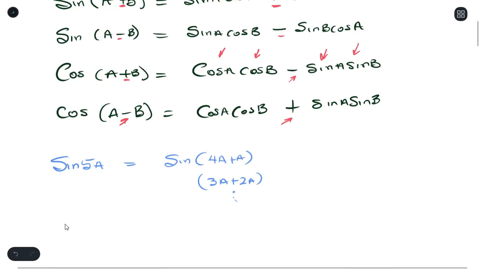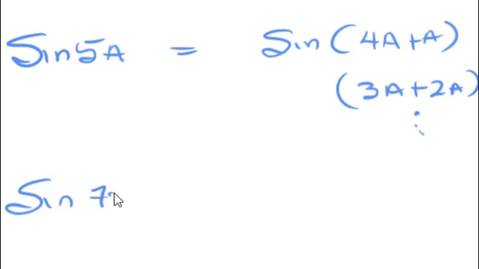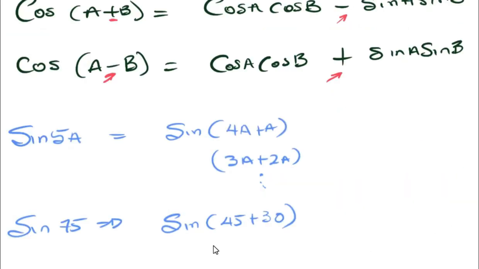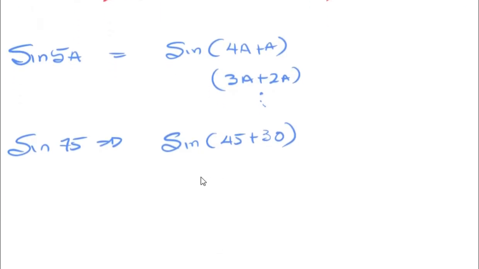Take for instance, if I have something like sine 75 and I want to put this in terms of compound identities, it can be written as sine (45 plus 30). Then this can be broken down into sine 45 cos 30 plus sine 30 cos 45.